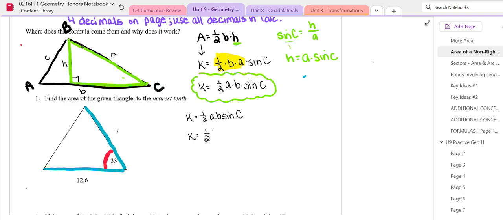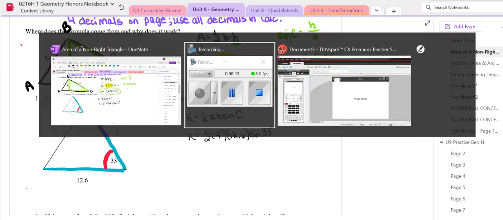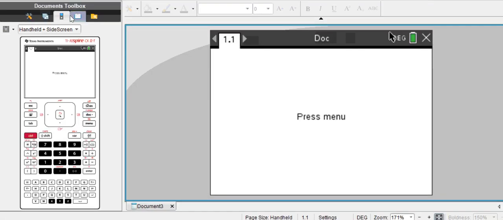My two side lengths are 7 and 12.6, so I'll make those my a and my b. My included angle, or the angle that joins those together, is 33 degrees, so at the end I'll write sine of 33 degrees. I'm going to grab my calculator and type all that into my calculator.